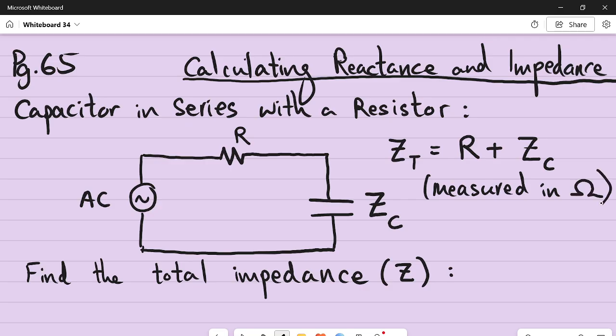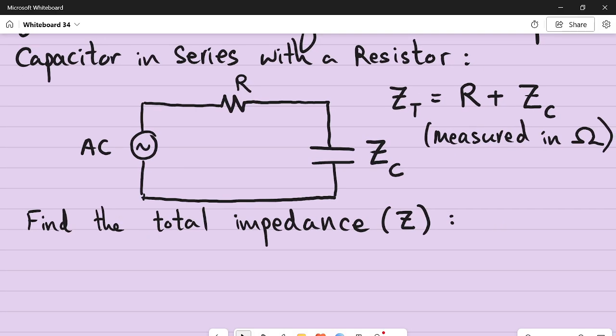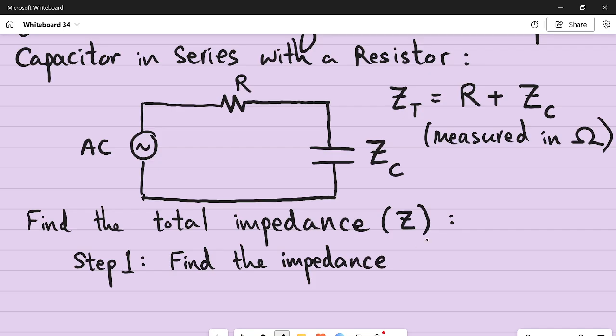Okay, so I'm going to use the symbol for ohms. So the thing is, step 1, find the impedance, sometimes the exam will call this reactance, of the capacitor.